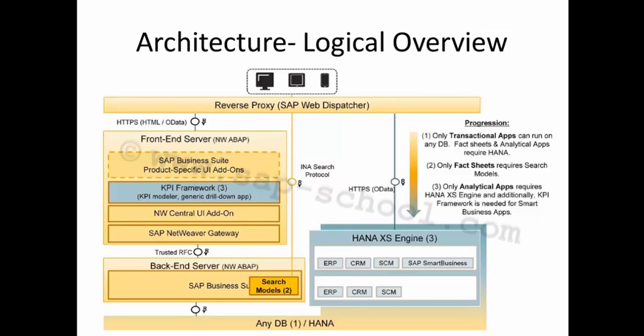We use the search models only for the fact sheets, and only analytical apps will require the HANA Access Engine, and additionally the KPI framework is needed for the smart business apps. So this is the overall architecture for all SAP Fiori app types. Now let's go into the detail of the architecture, that is, a logical overview for each of the app types.